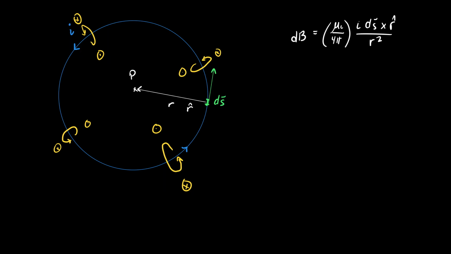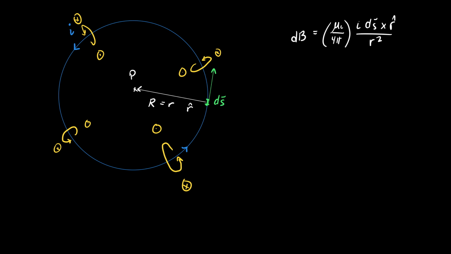For this example, R is actually the radius of our loop and will be the same value for all of our pieces of wire. So unlike our example before where R was different for every piece of wire, R is going to be the same for every piece of wire. And so I'm going to use capital R to represent the radius of our circle. Everything okay?